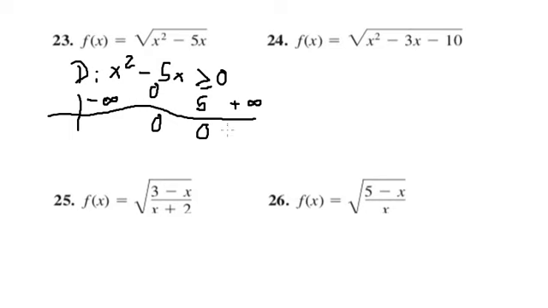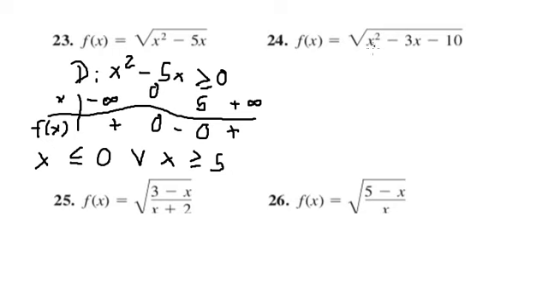So the signs on the right, you get positive, negative, positive. We want to find the positive part here. So that means s is smaller than or equal to 0, and s is greater than or equal to 5.